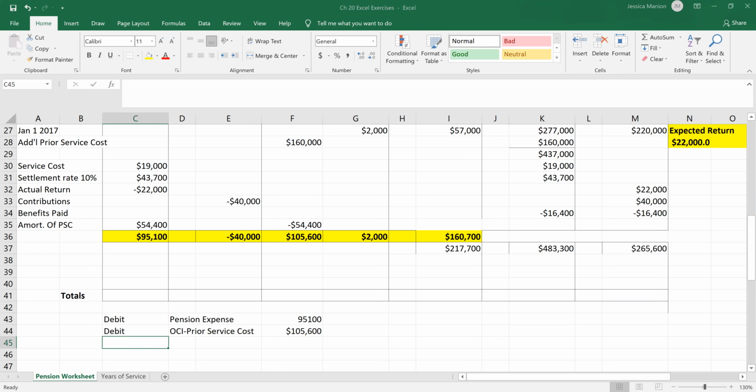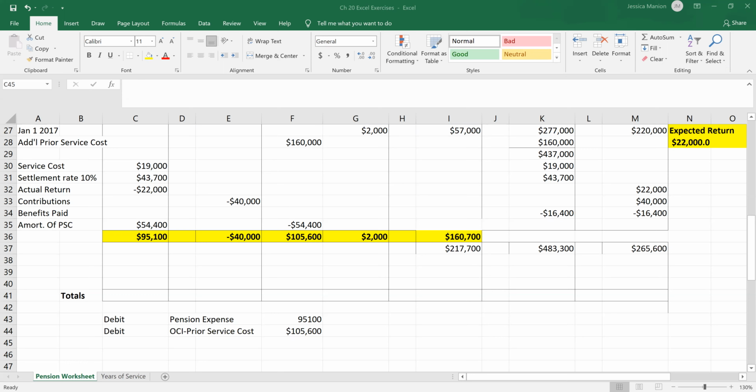And actually, it makes me think about this 2,000, because we already had that 2,000 loss in there, and so we had already debited that. Just double checking to make sure that I put it in here right. Because I'm thinking we have to do something with that. We already have that loss. We're not changing the loss.